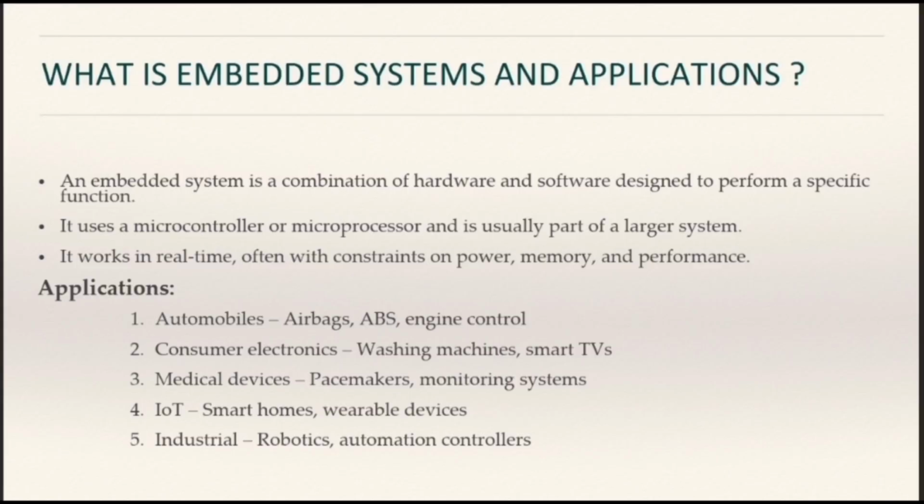Their key applications include automobiles such as airbags and engine control, consumer electronics like washing machines and smart TVs, medical devices including pacemakers and monitors, IoT applications such as smart homes and wearables, and also industrial applications like robotics and automation controllers.